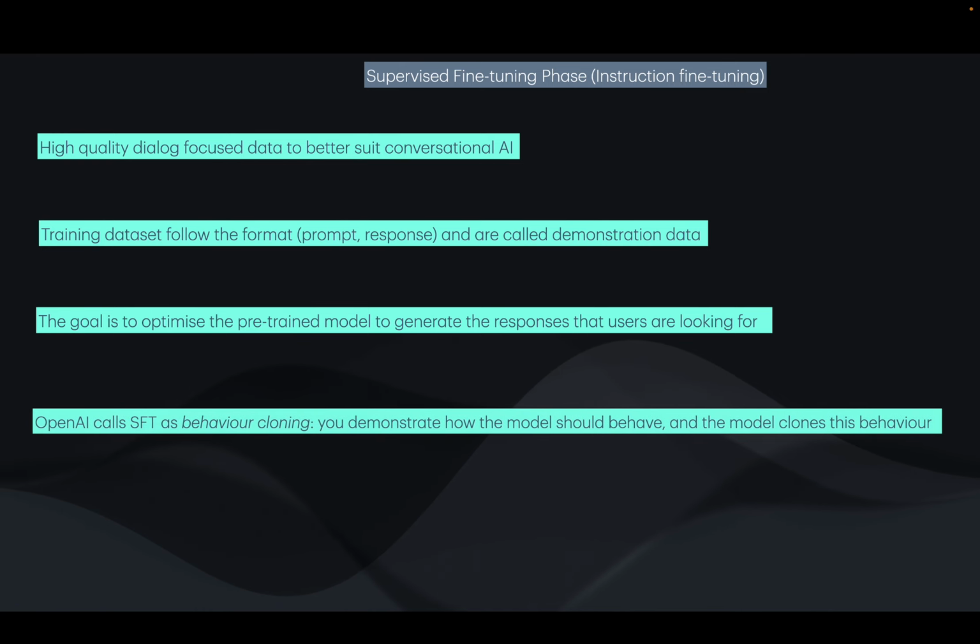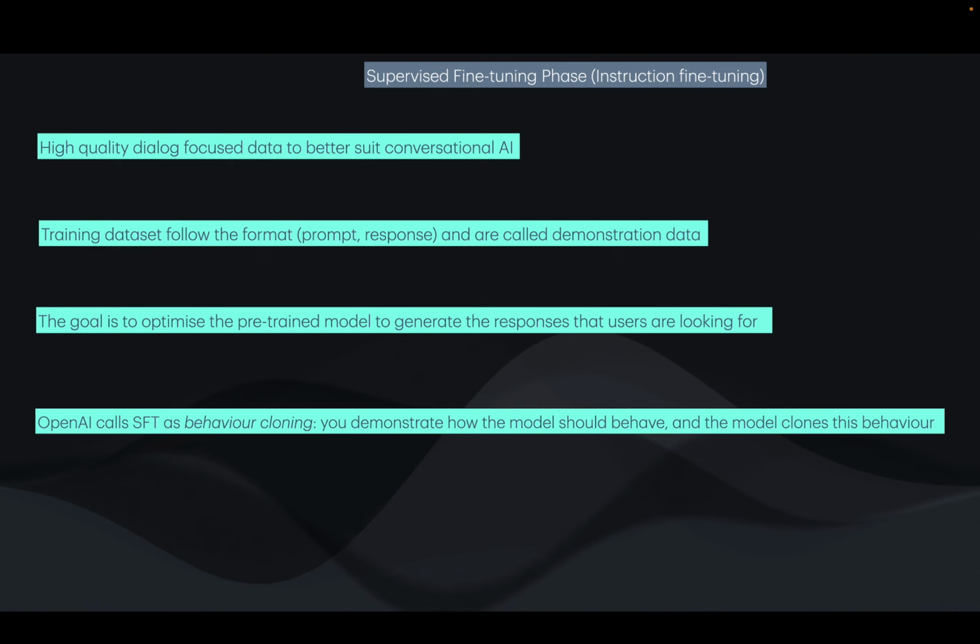OpenAI calls this SFT behavior cloning. What this means is you demonstrate how the model should behave and the model will clone that behavior, right? We demonstrate that behavior using these prompt and response pairs, and we expect the model to clone that behavior so that it will excel in the conversational task.